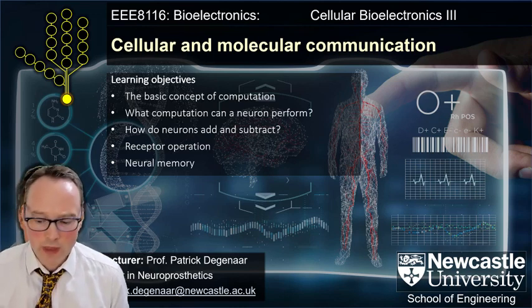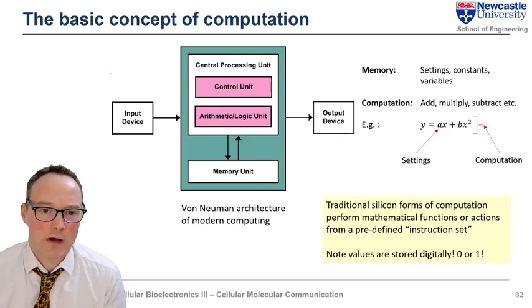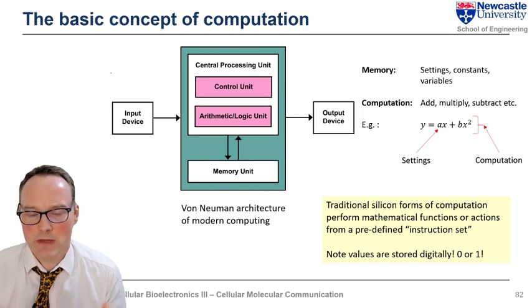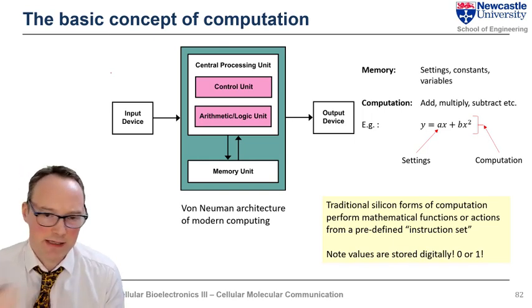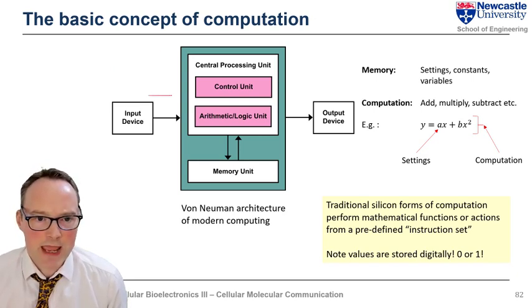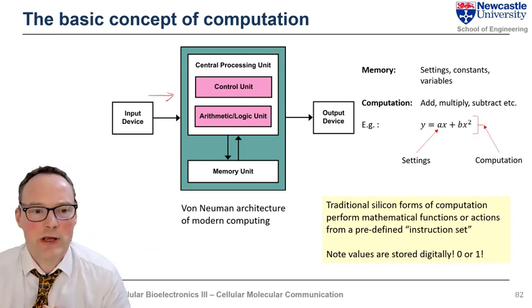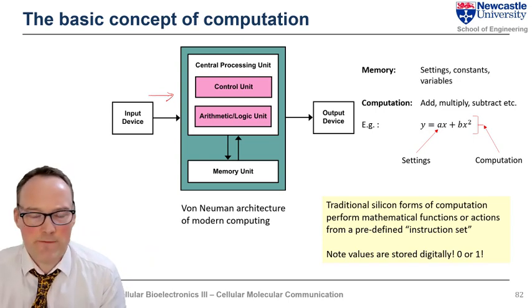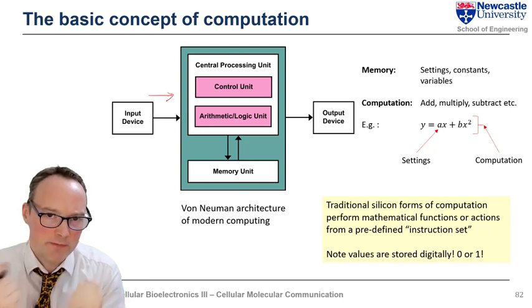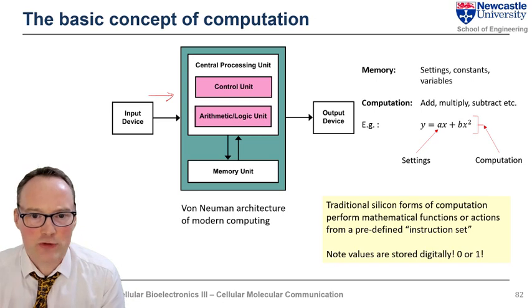So first of all, let's consider the concept of computation in terms of a silicon system that exists in mobiles and computers and laptops, etc. Typically, some information will come into your central processing unit, and this typically is in the form of an instruction to perform a particular computation and perhaps a memory address.